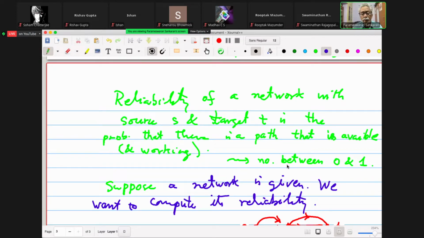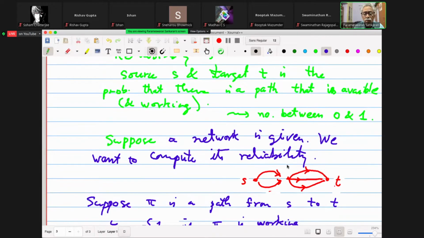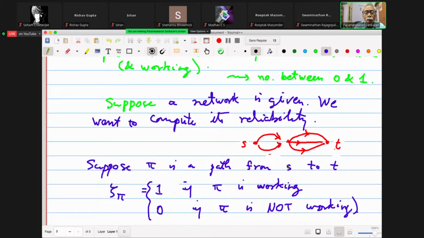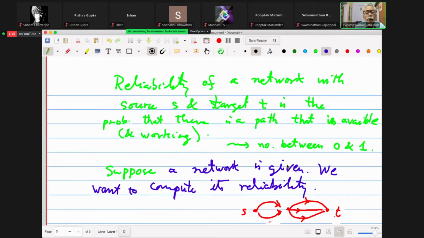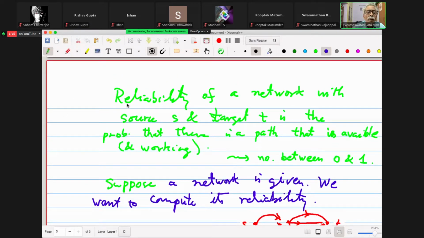At any given moment, some edge may work, some edge may not work, and so on. That is why you have these probabilities assigned to each one of them. At any given moment you have some situation, and therefore you can only talk about expectation. You want to express reliability as an expectation.